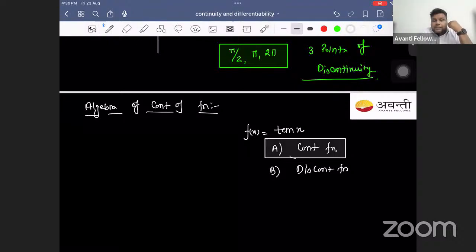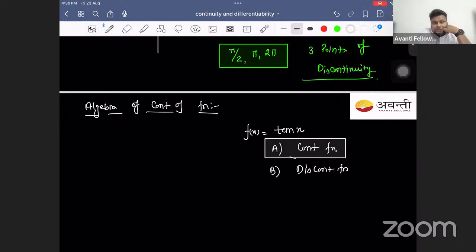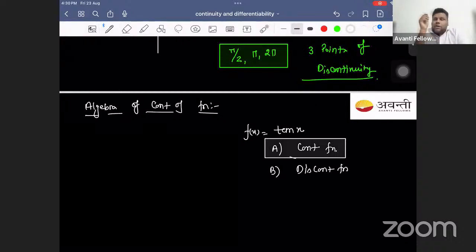Praveen, can you please switch on your mic? So, whenever we talk about any function, its continuity, its differentiability, its range, its periodicity, its even odd behavior, anything, we talk about it in its domain.